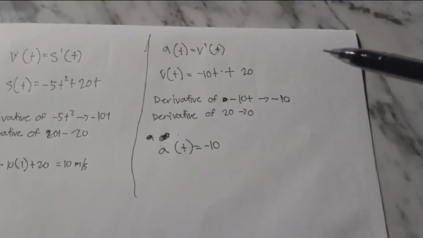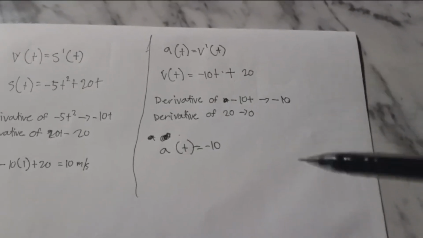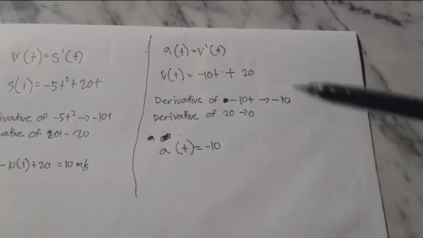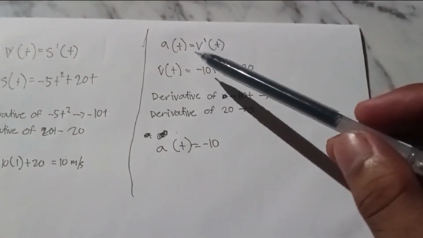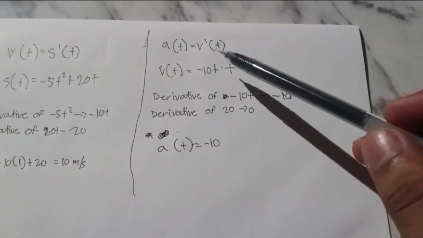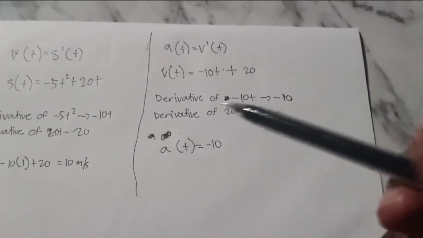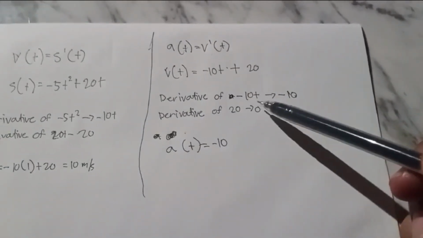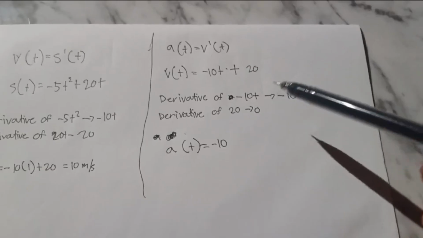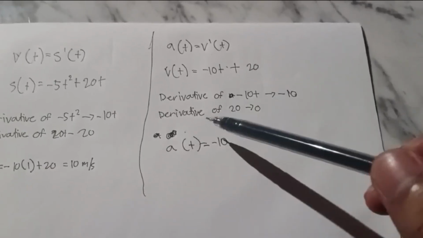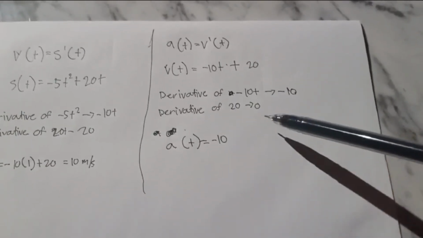Finding acceleration: acceleration is the derivative of velocity. So a of t equals v prime of t. Let's differentiate. The derivative of negative 10t is negative 10, and the derivative of 20 is 0.